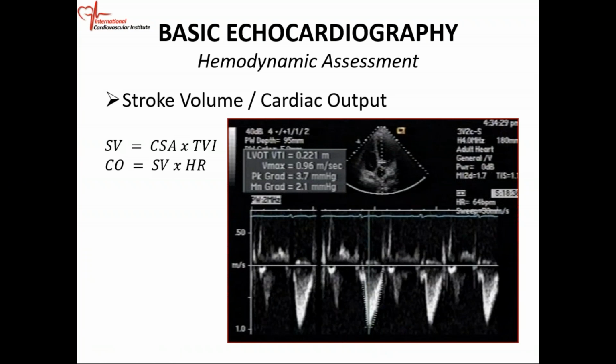Velocity time integral. What do you mean by that? Time is on the horizontal axis, and remember velocity is on the vertical axis. When you integrate them, it's like you're multiplying them, so you get the area under the curve.